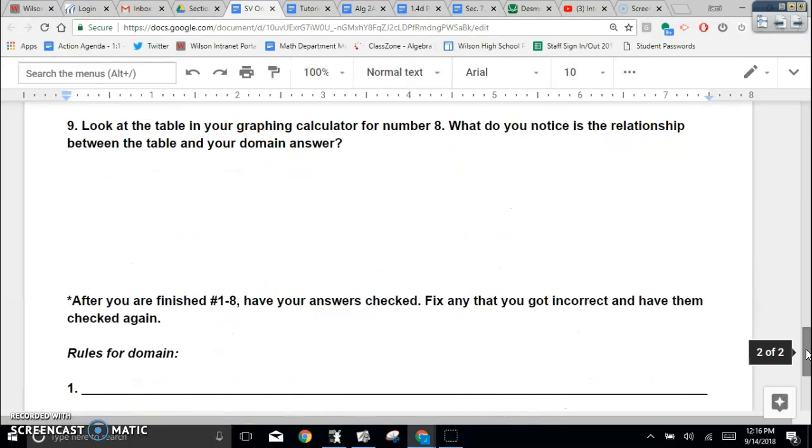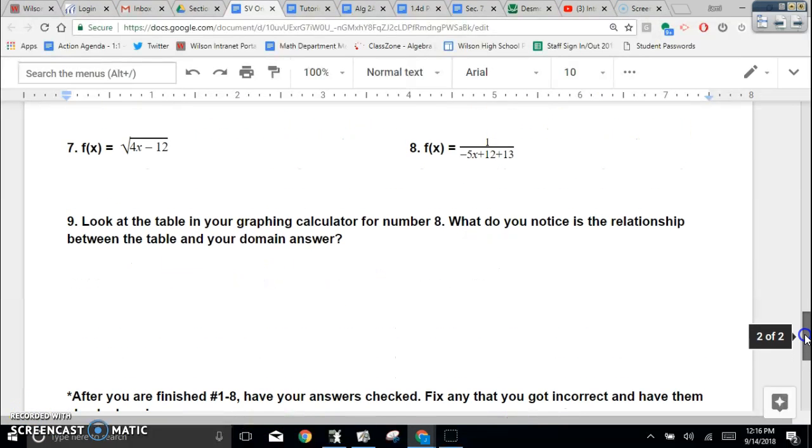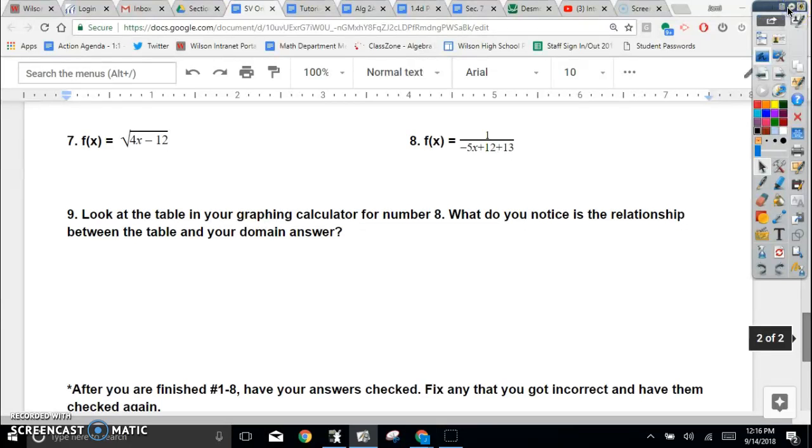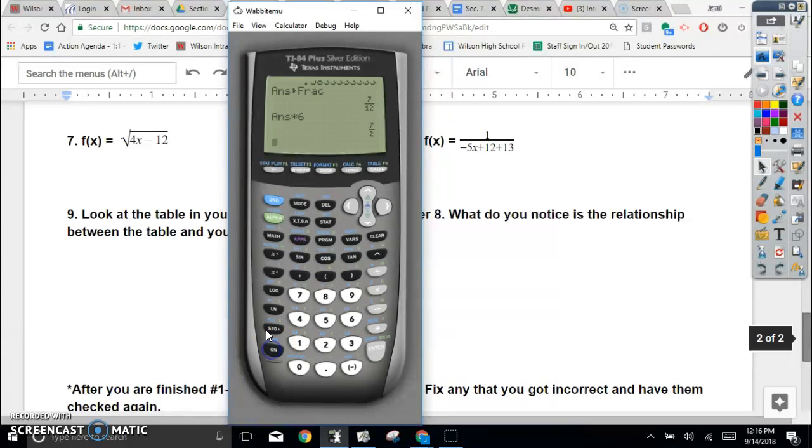In number 9, it says, look at the table in your graphing calculator for number 8. So if I do this quick, right, punch this up, I go 1 divided by negative 5x plus 25. And I go to my table.